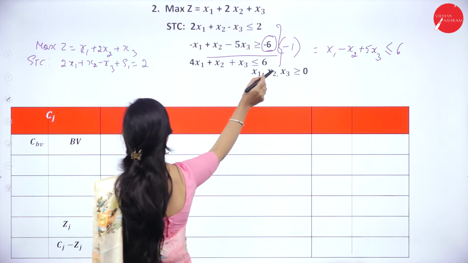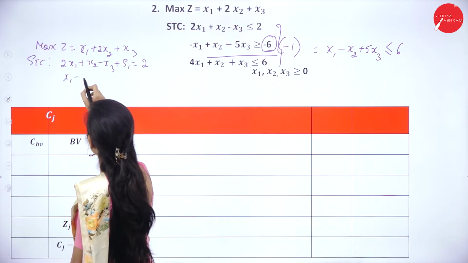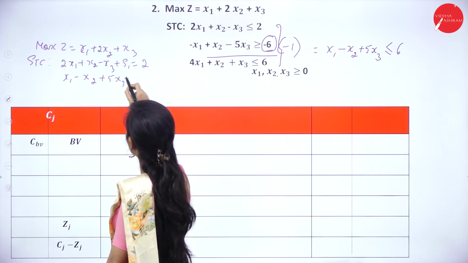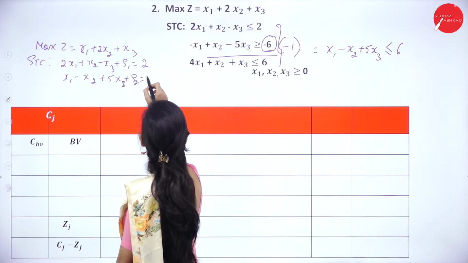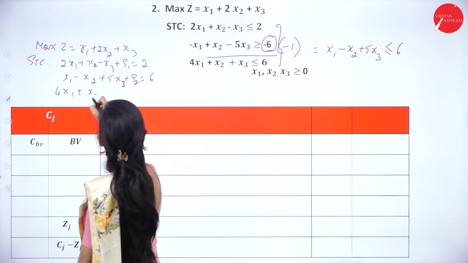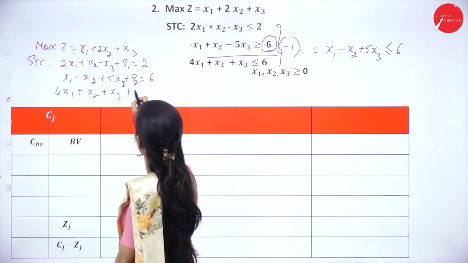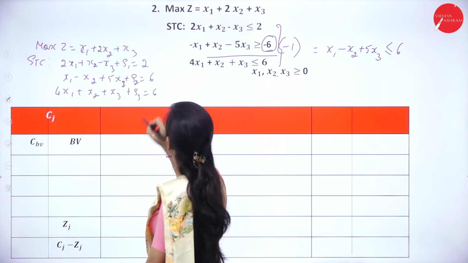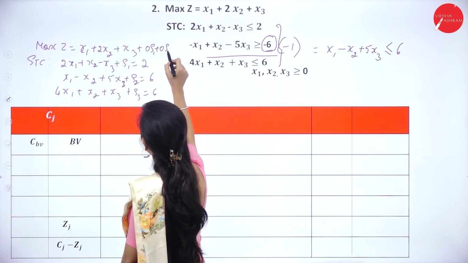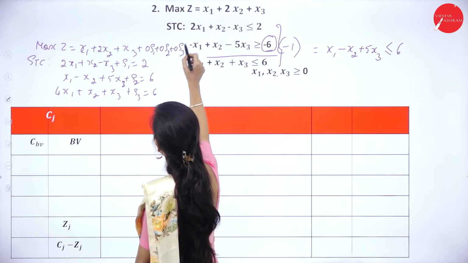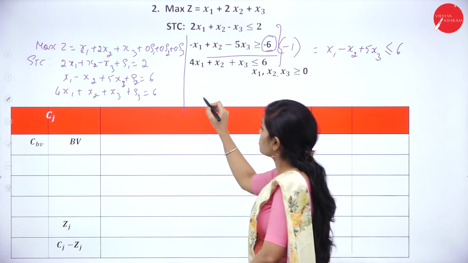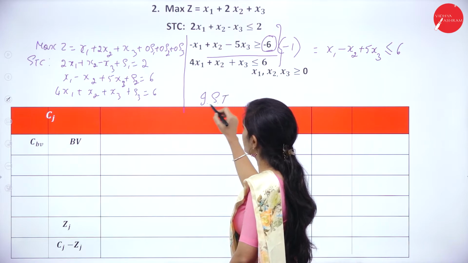And again, x1 minus x2 plus 5x3 plus s2 is equal to 6, and 4x1 plus x2 plus x3 plus s3 is equal to 6. So now I will add slack variables 0s1, 0s2 and 0s3. So now it is in standard form. So now we can proceed to the initial simplex table.